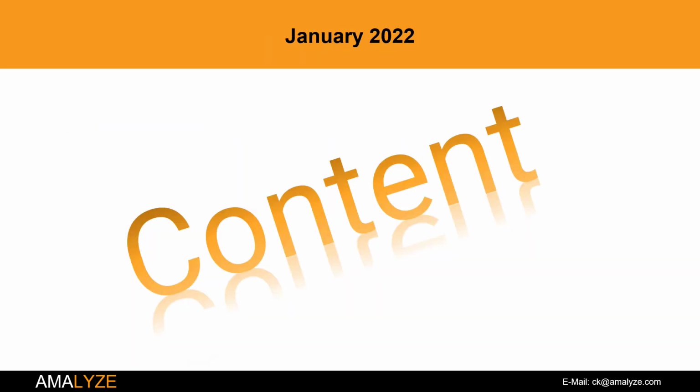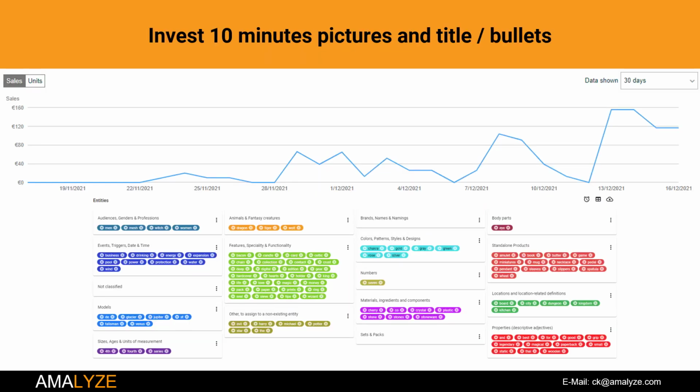Then with the content section, a few sections I've talked about for the entities, you can use them directly for SEO or also for pictures, titles, and bullets. And here the second decision was to change the ordering of pictures: the more emotional pictures to the front, and the pictures without any sensible content to the back, or erase them.